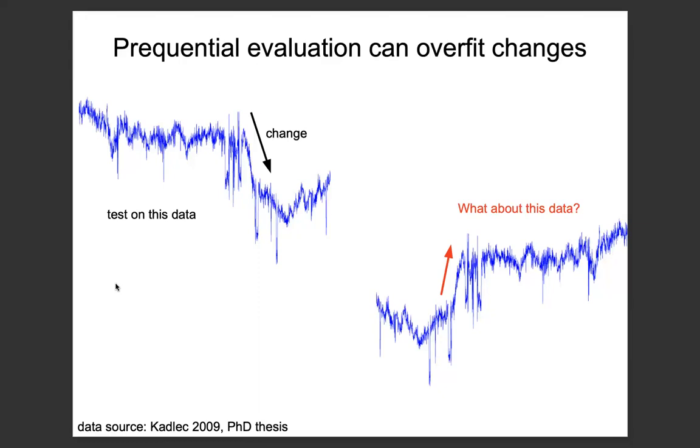I'm sorry, I have to skip some of the content, but the main message is that when we are testing adaptive learning models with prequential evaluation, which is a form of cross-validation, we can overfit to where in time the changes are and what the magnitude of the changes is.